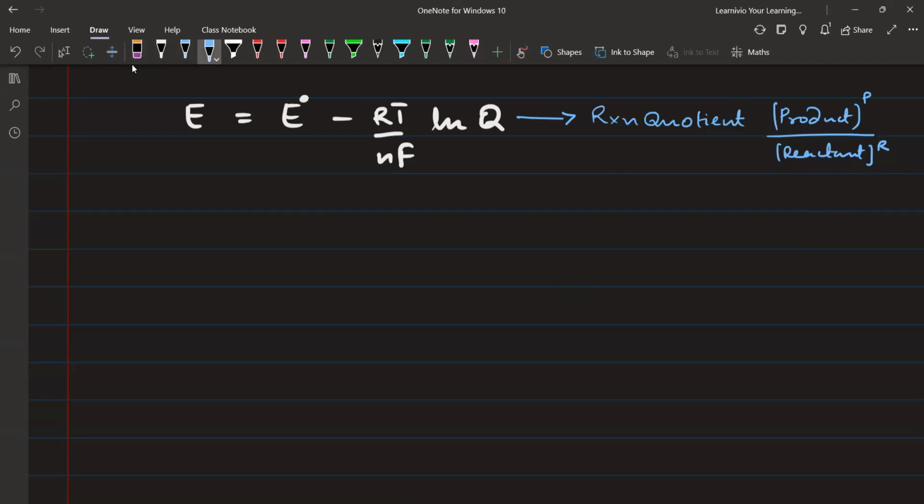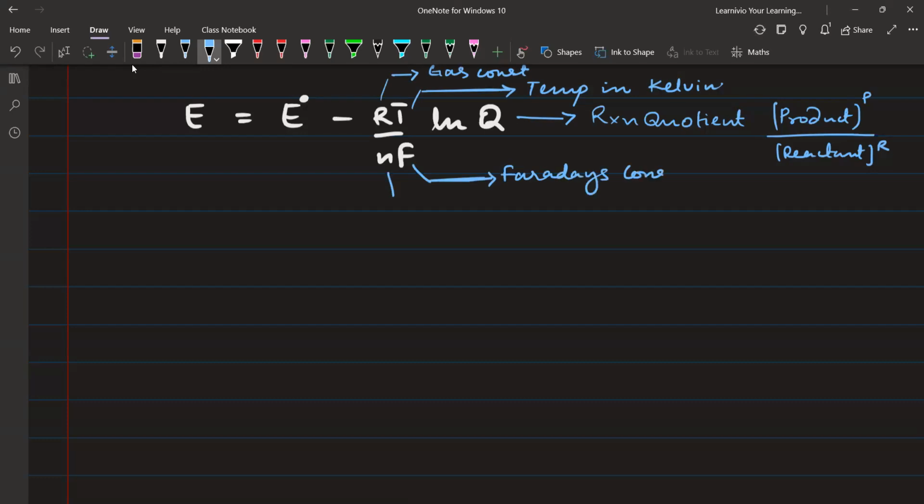Now R and T. T is obviously temperature in Kelvin. R is the gas constant. n is the number of electrons that are being used. F is the Faraday's constant, whose value is approximately 96500.